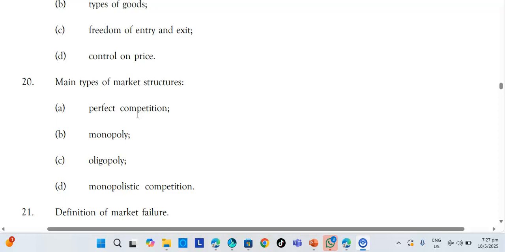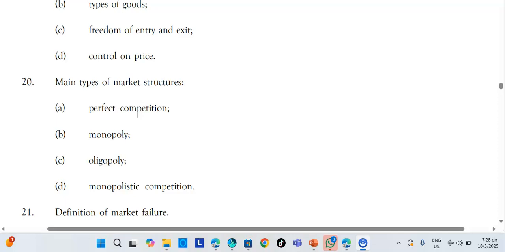Another key feature is easy entry, so you can start a business easily. You can exit at your own timing. And there's heavy advertisement. Examples would be fast food restaurants like KFC, Burger King, local shops, clothes stores, hair salons.